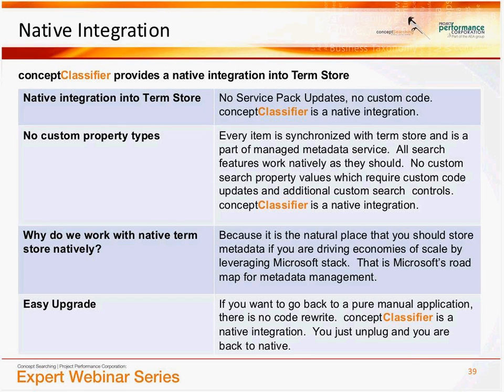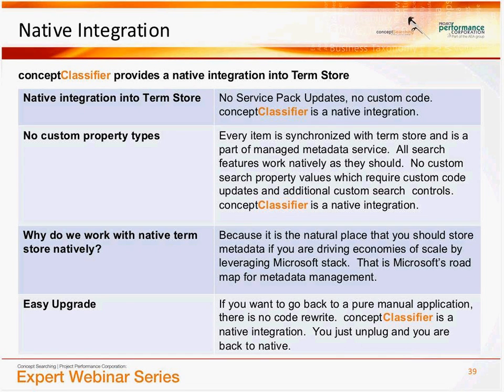Now, very importantly, the solution is integrated with the term store. That means we never have to worry about service pack updates. There's no custom code. This is a native integration right into the term store.